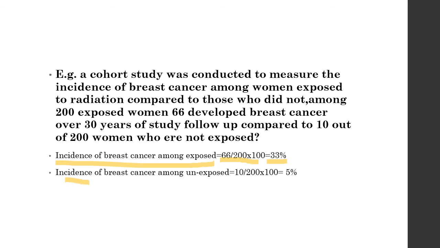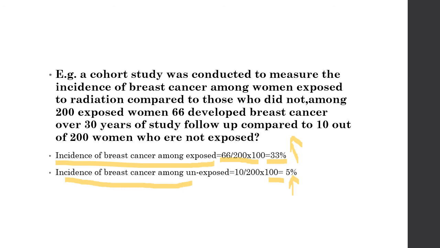And the incidence of breast cancer among the unexposed, sorry, I will correct it here, is 10 over 200 times 100, and that is only 5%. And you can see how the incidence of the outcome is much higher among the exposed group compared to the unexposed group. And that is a simple way of reporting your outcome measure in a cohort study.